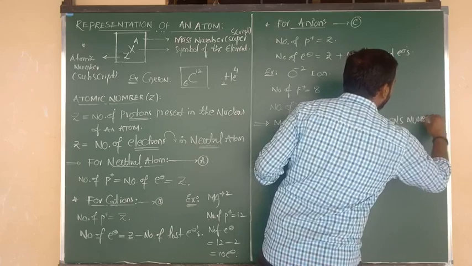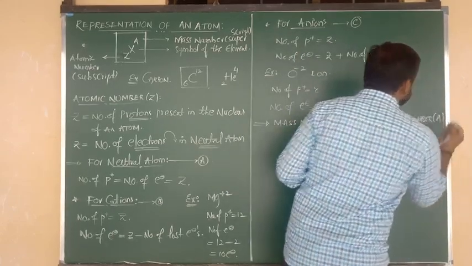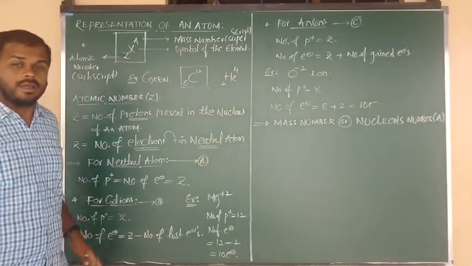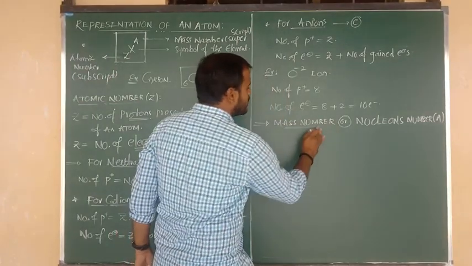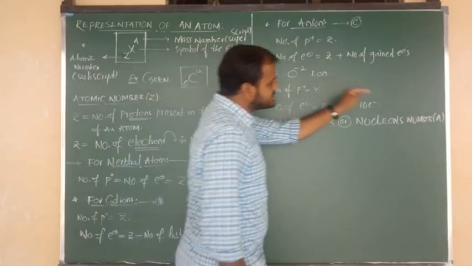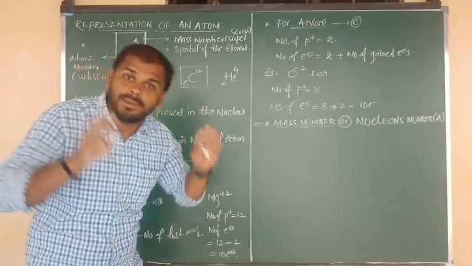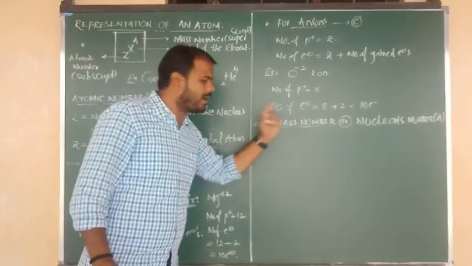What is the symbol of mass number or nucleons number? The symbol is capital A. So now the question is, why is mass number known as nucleons number? I am going to tell you, but before that we have to know the definition of mass number.